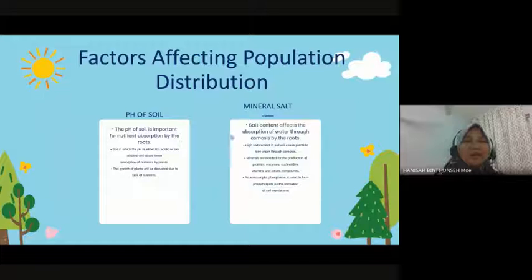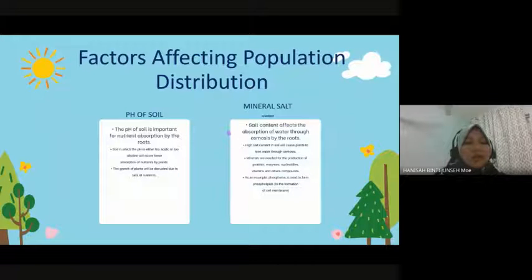So the fifth point is mineral salts content. Mineral salts content affects the absorption of water through osmosis by the roots. So high salt content in the soil will cause the plants to lose water through osmosis. Okay, we learned this in halophytes.